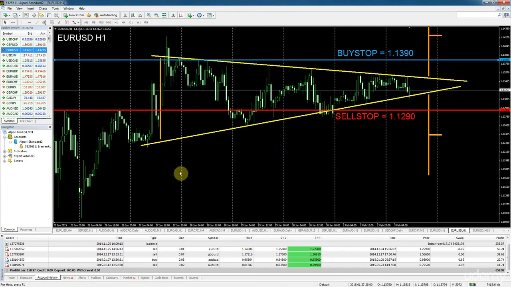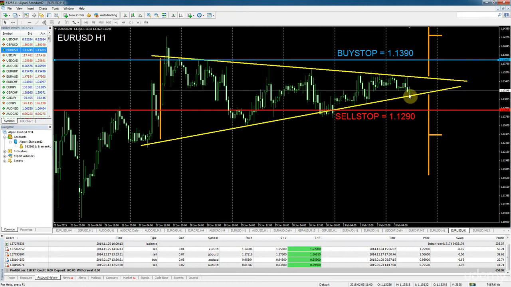As you remember, triangles mean that the market is getting into a consolidation phase, or something is going to happen in the market. In this hourly time frame, the euro-dollar has been in this triangle formation for several days. These period separators indicate days, and that's 1, 2, 3, 4, 5, 6, about 5.5 days or 5 full days the market has been in this triangle.